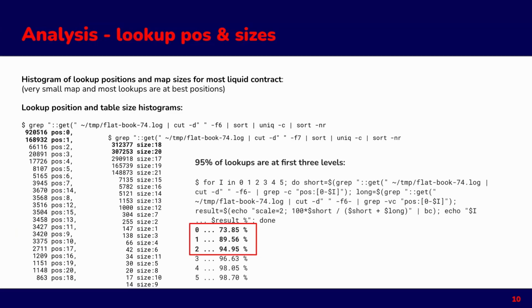So 90% of the lookups is top two levels, and 95% of lookups are in top 3 levels. So it makes perfect sense because if we are trading, most actions happen near the best levels. So it's nice. And the size is relatively small. In the case of the product I picked, it's around 20 levels. So the books are very small and the lookups are near the best level.